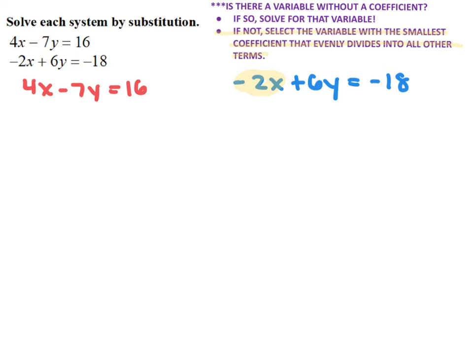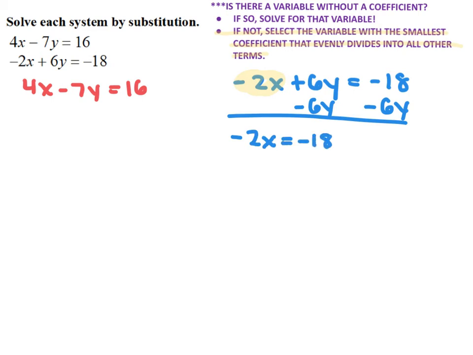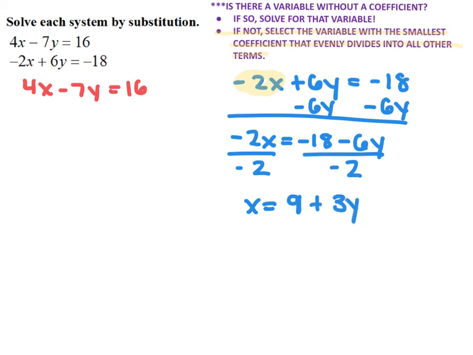So that's the variable we're going to select to solve for. In order to get it by itself, I would have to first move the 6y over. So I subtract 6y from both sides to get negative 2x equals negative 18 minus 6y. Then to finish getting x by itself, you would divide both sides by negative 2 to get x equals 9 plus 3y.